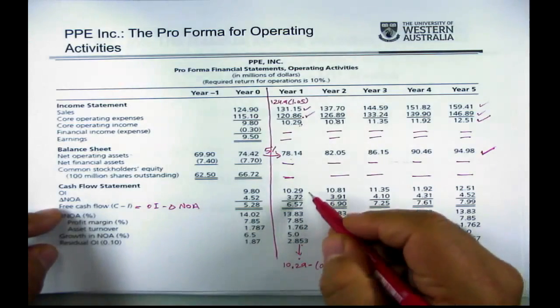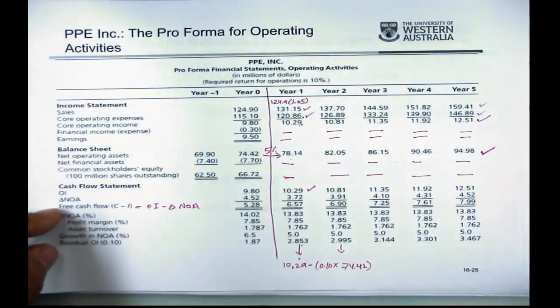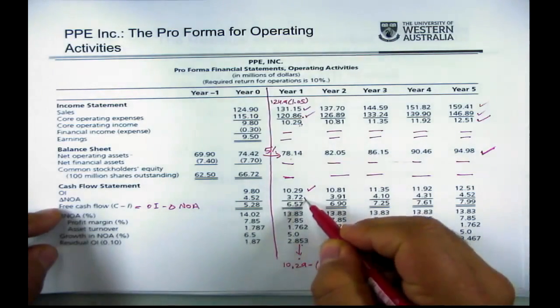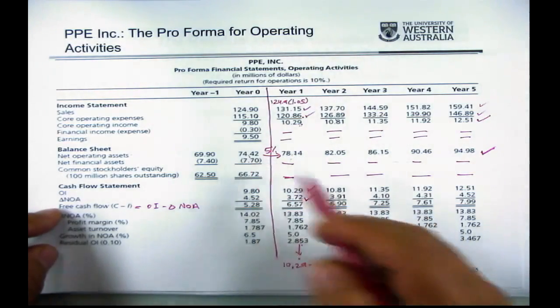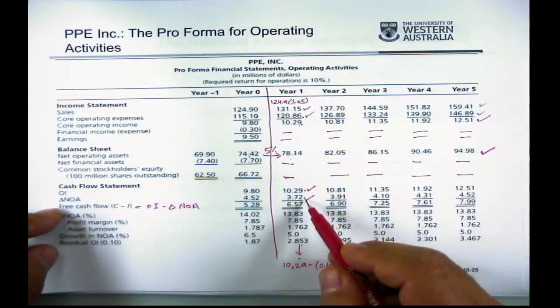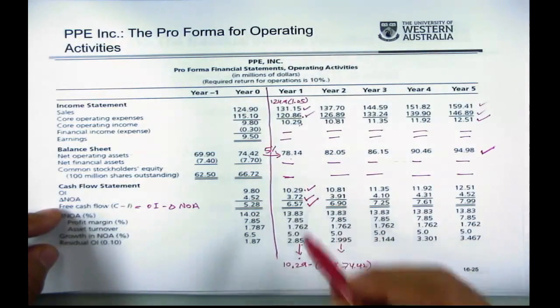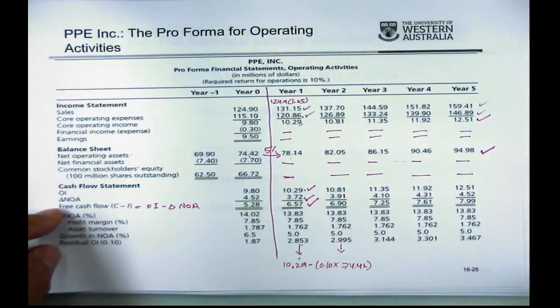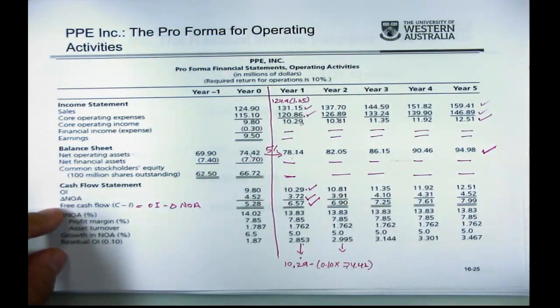So this is the operating income in this year, and this is the change in net operating assets, this minus this. So this one minus the change in net operating assets gives us the free cash flow. Okay? Let us see how to complete the missing items in order to have a full pro forma analysis.